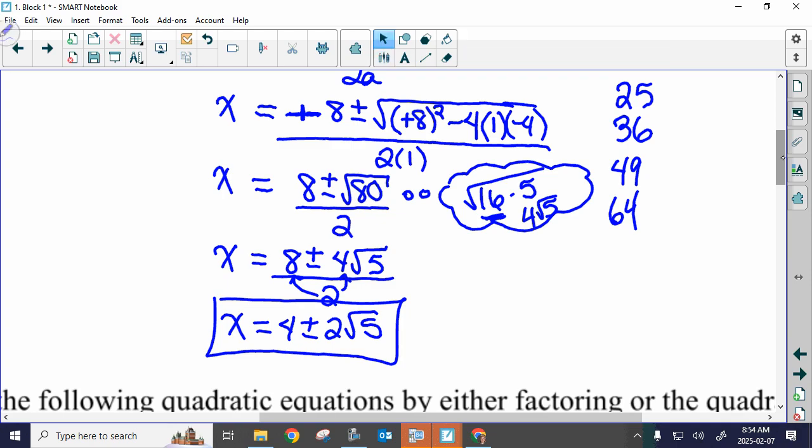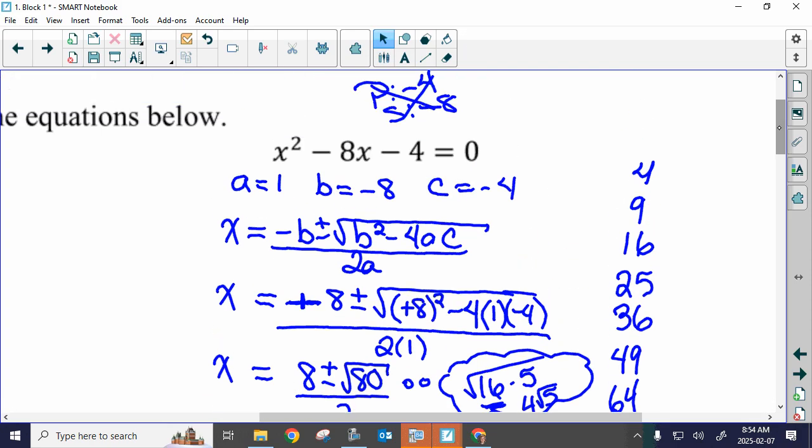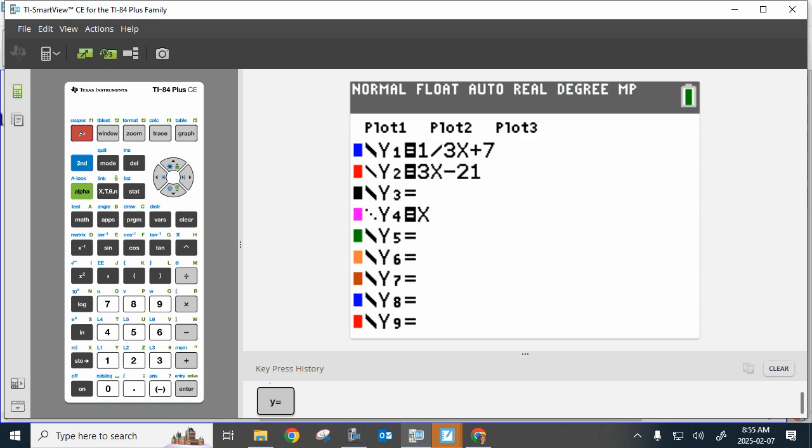Do you guys know how to check this? Take out your calculators and just type in the equation in your y equals.